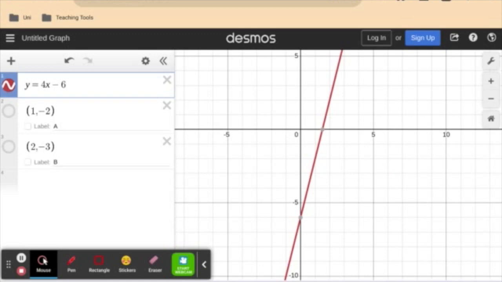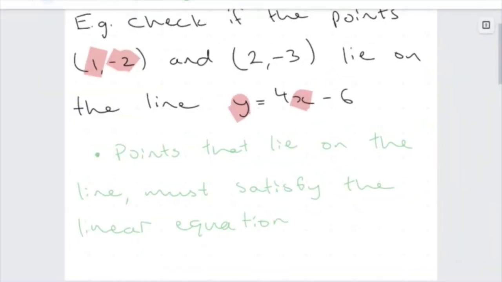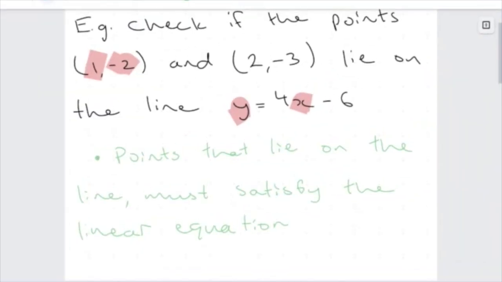So to actually check whether these points lie on my line, all I really need to do is sub my x into my x, and my y into my y. If my equation's satisfied, then I can say this point lies on the line, because we used the table of values to make that line, and we can pick any points in our table of values to make the line.